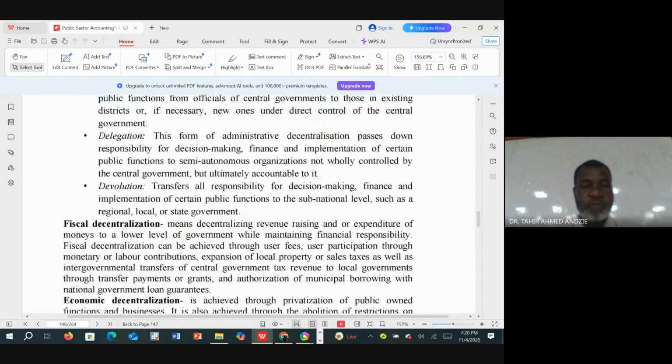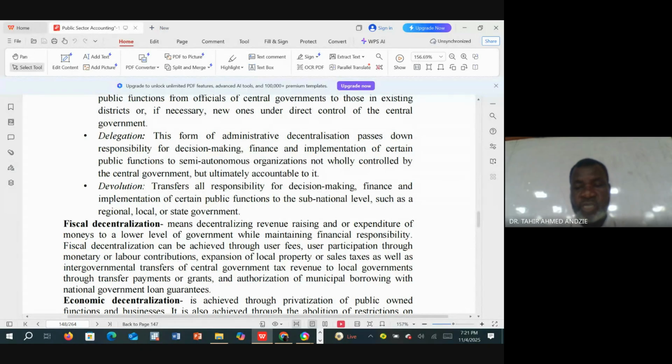Then we have the devolution. This devolution transfers all responsibility for decision making, finance, and implementation of certain public functions to the sub-national level, such as the regional, local, or state government. So with devolution, it is a transfer.